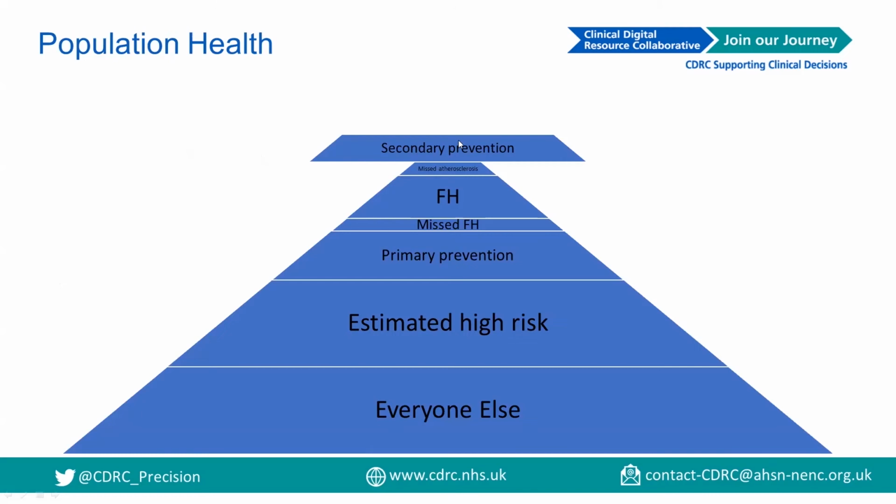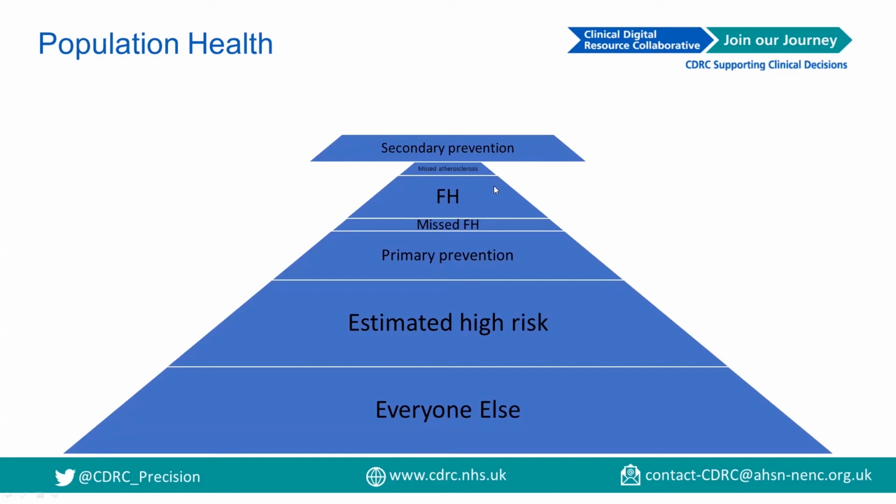When we're thinking about lipid management, we need to think about the whole population. So we've got a group of people with or established atherosclerosis, and we need to make sure that that list is accurate. We need to find the patients who we've missed, looking at that case finding again.